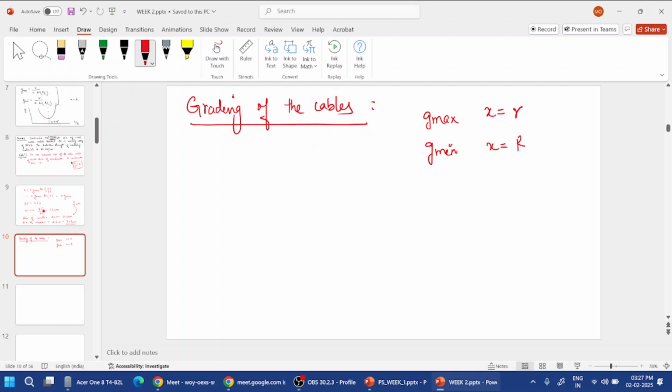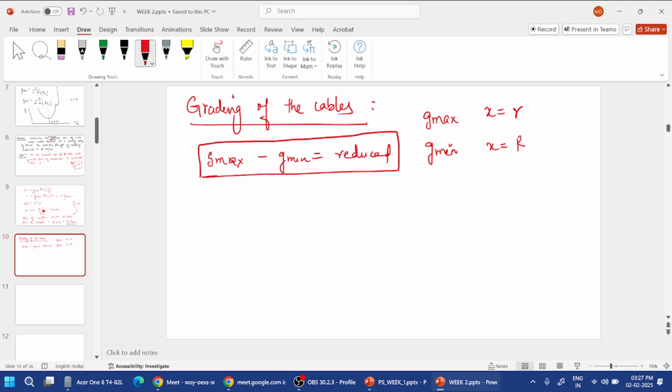Because the difference between G max minus G min can be reduced. The reduction of this difference between G max and G min can be done with the help of the grading of the cables.